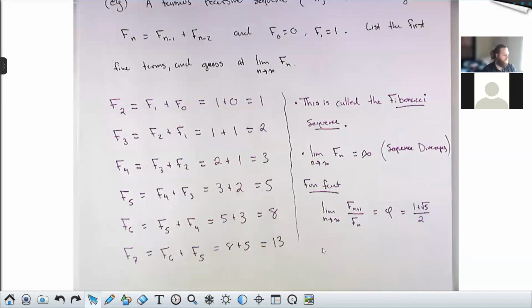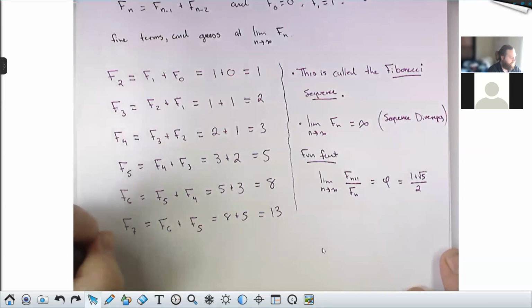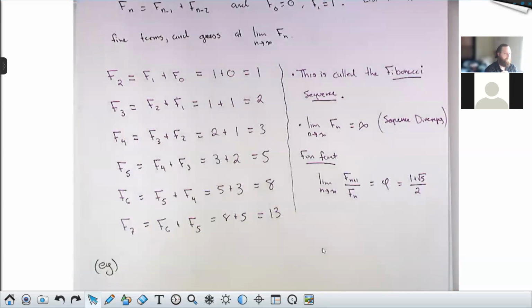There are two other recursive sequences I want to play with here. And then if there's time after that, we can just play around with some example problems where we practice taking limits, because that's a skill we really do need to practice.